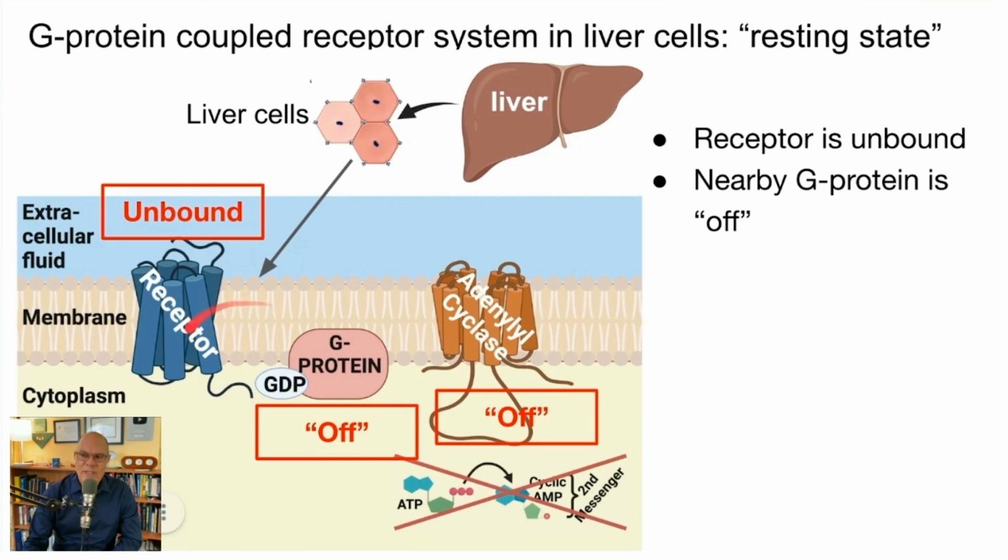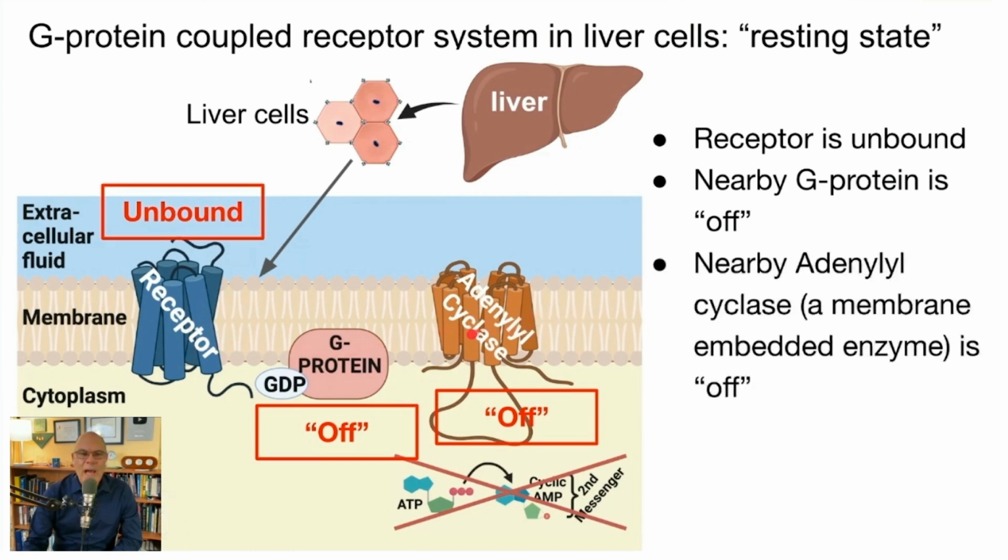Note that we have the system where we have a receptor, a G protein, and a nearby membrane-embedded enzyme called adenylyl cyclase. So no hormone. This is in its inactive off state. And therefore, the second messenger that's going to turn this system on is not activated. That's when the system is off.